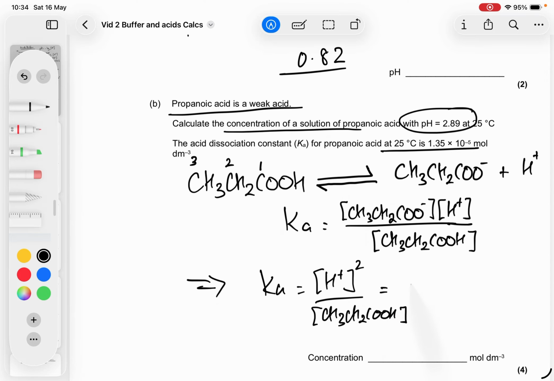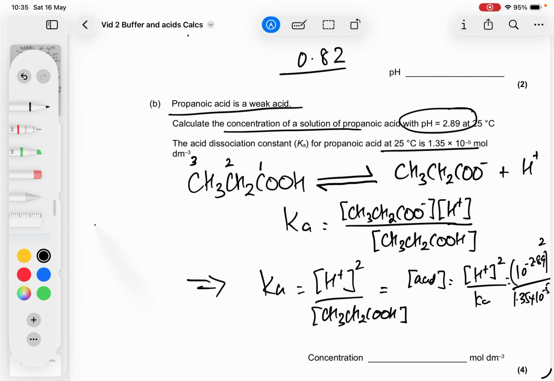So in other words, the concentration of the acid equals [H+] squared over Ka. [H+] squared is going to be 10 to the minus 2.89, squared, divided by your Ka, which is 1.35 times 10 to the minus 5.